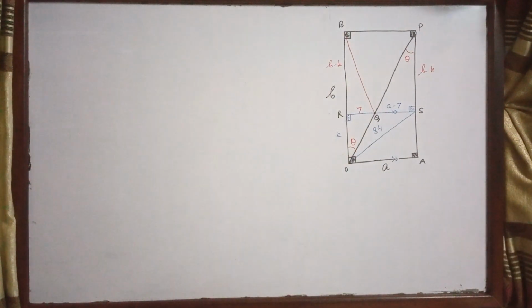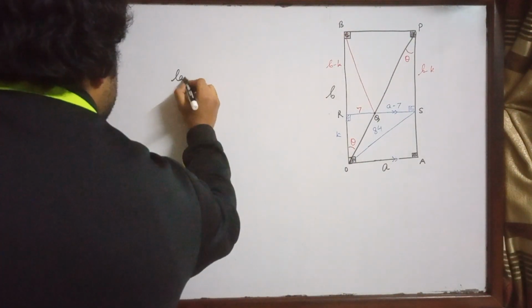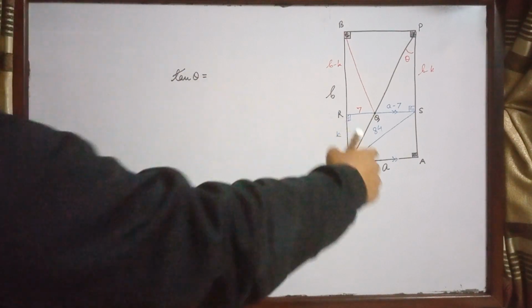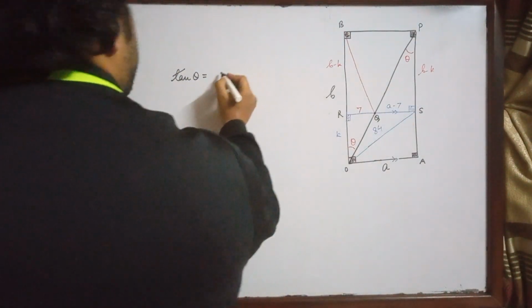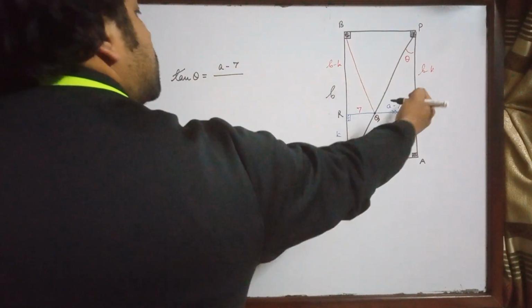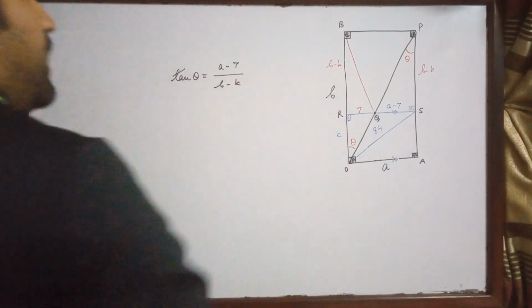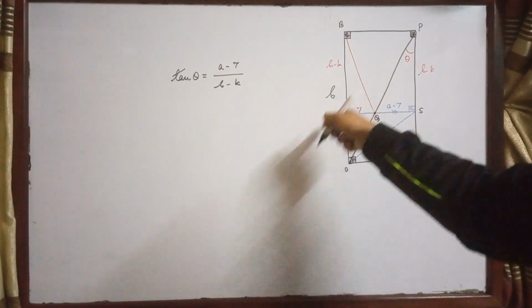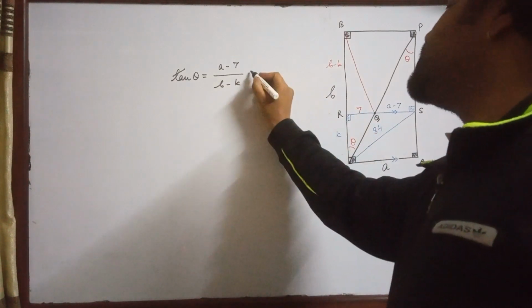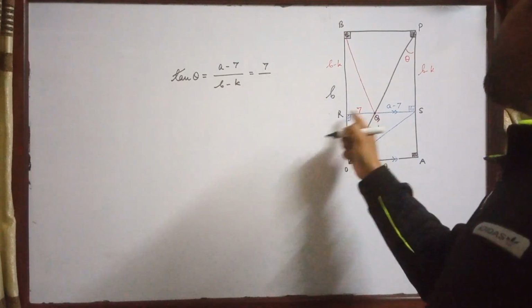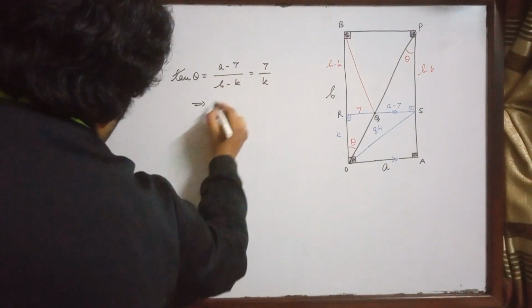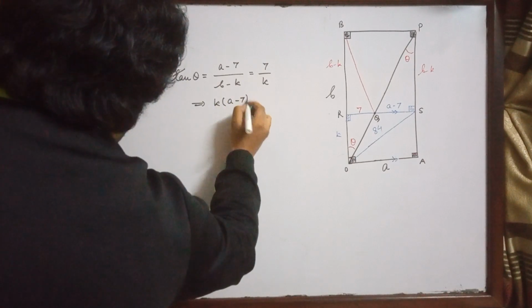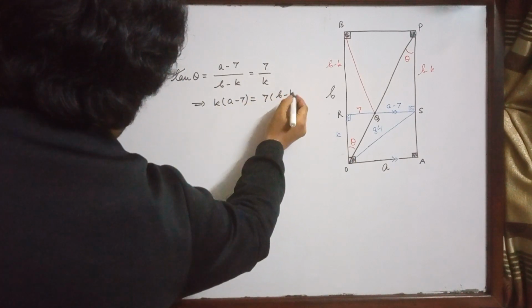Now let's look at triangle PQS, and from that triangle we get tan theta equals (A minus 7) over (B minus K). And if we look at triangle OQR, we're going to get tan theta equals K over 7. Now from the last two equations, we get K times (A minus 7) equals 7 times (B minus K).